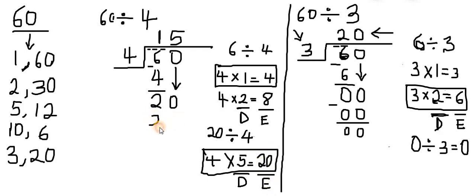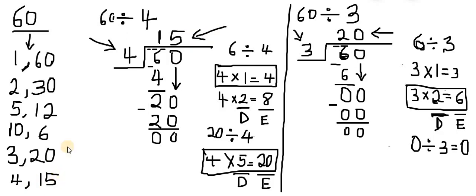So we put the 20 here, and we subtract. That's 0. So no remainders. So 4 is a factor of 60. Now, but the answer it creates, 15, is also a factor of 60.